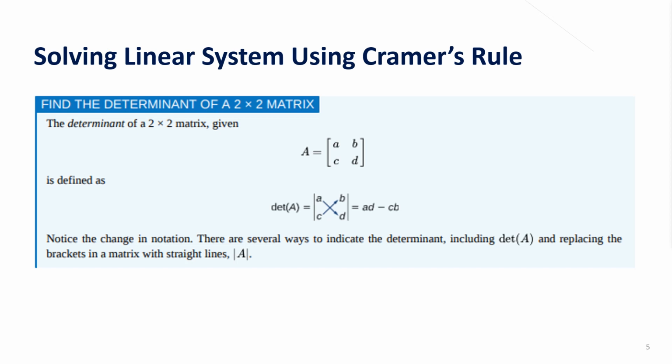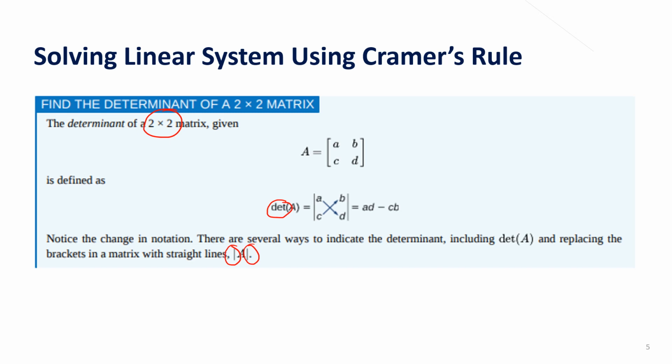Remember, a square matrix has the same number of rows and columns. So that's what we call a square matrix. It can be 2 by 2, 3 by 3, 4 by 4, and so on. It is often denoted like this, det of A, or by replacing the det with straight line brackets, like this one.